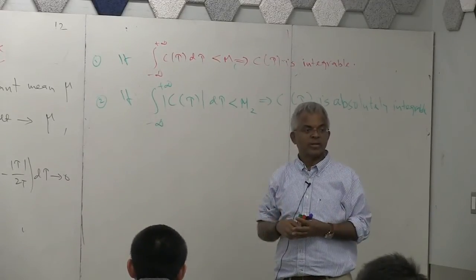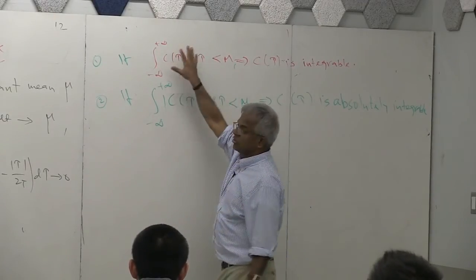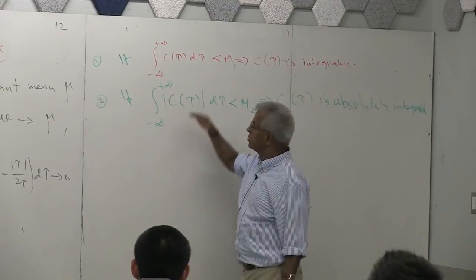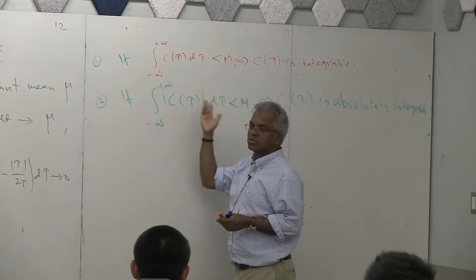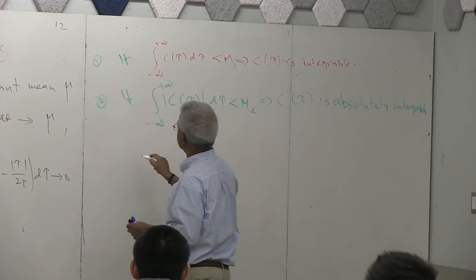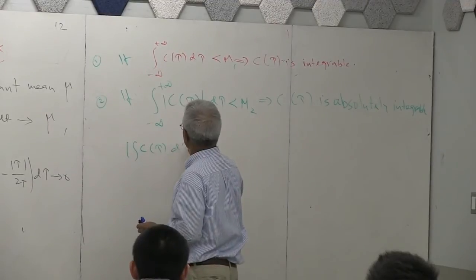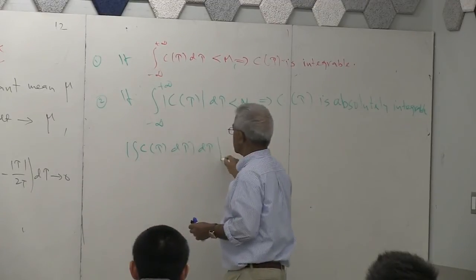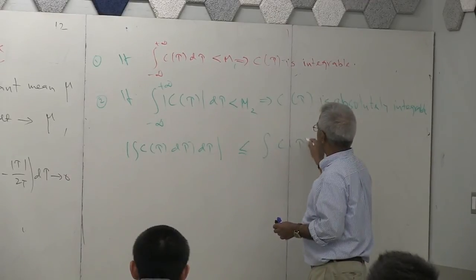You are murmuring, I didn't hear you. Well, if 2 is true, 1 is true. If 1 is true, 2 need not be true. So 2 is a stronger condition. Look, this is always true, right? If I take the absolute value outside, this is true, right?